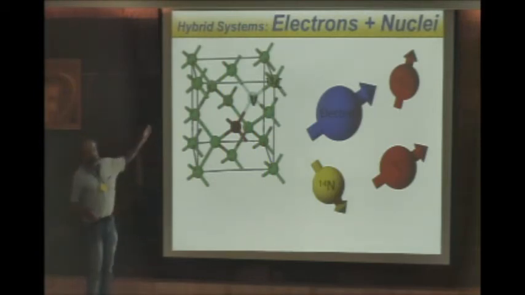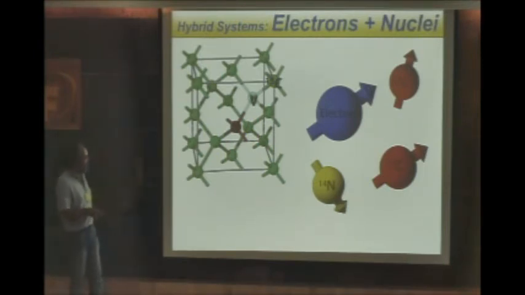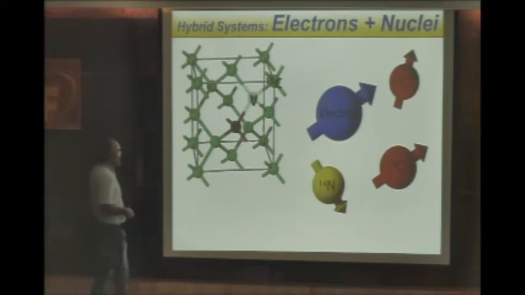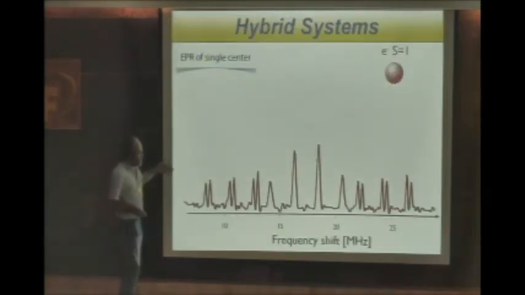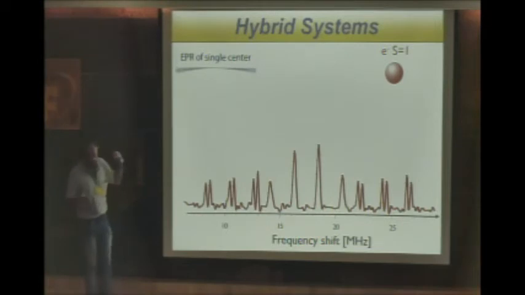What I showed you before was just for a single electron spin. If you have a larger spin system, like neighboring carbons, and you use the nitrogen 14, you get more complicated spectra, which means, of course, that you have a larger quantum register.